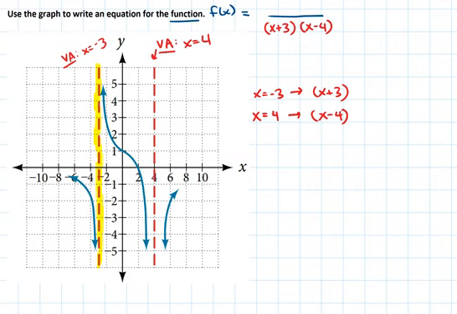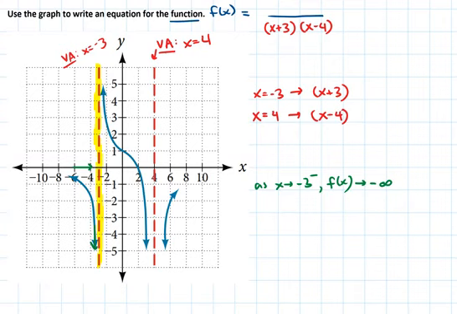I'll use some arrow notation for a nice review. As x approaches -3 from the left-hand side, notice how our function shoots down really, really fast. Our function is approaching -infinity.